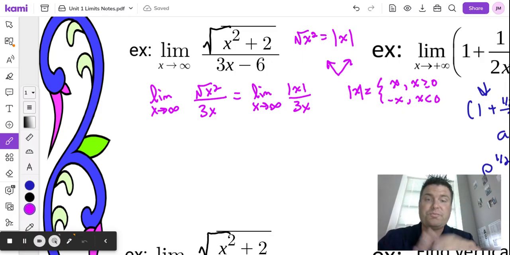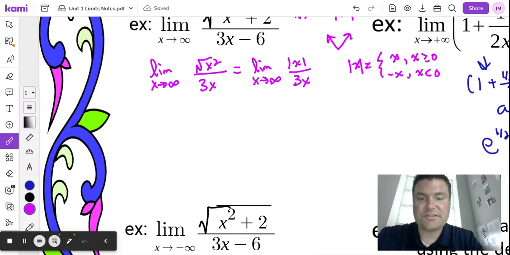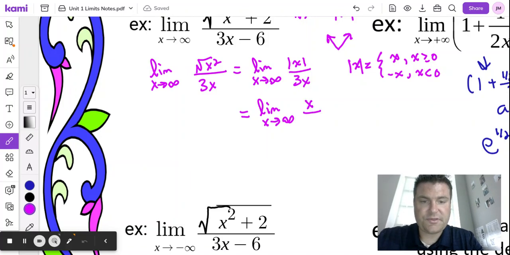So since we're going to positive infinity here, this is equivalent to x over 3x, which gives me 1/3.